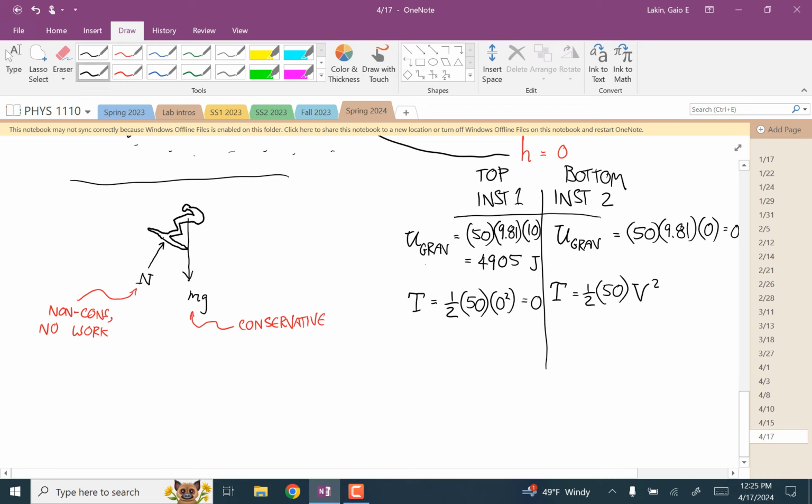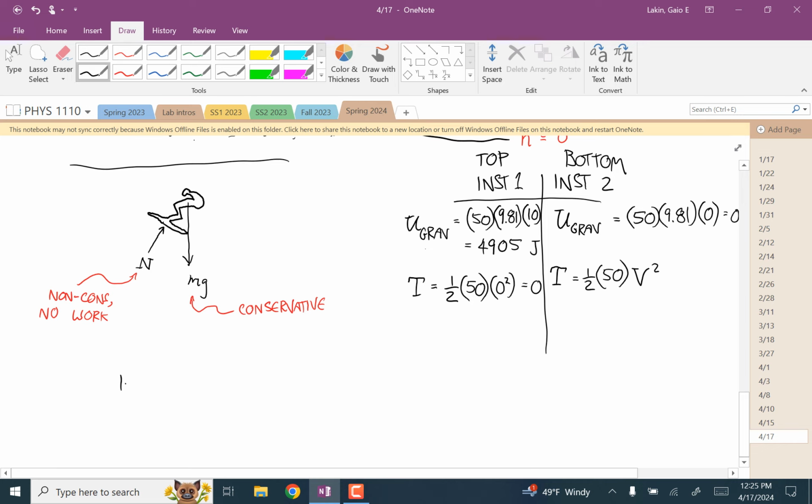And now we'll add up everything in the left column and set it equal to everything added up in the right column. So 4905 plus 0 is equal to 0 plus 1/2 of 50 is 25, so 25 v squared.